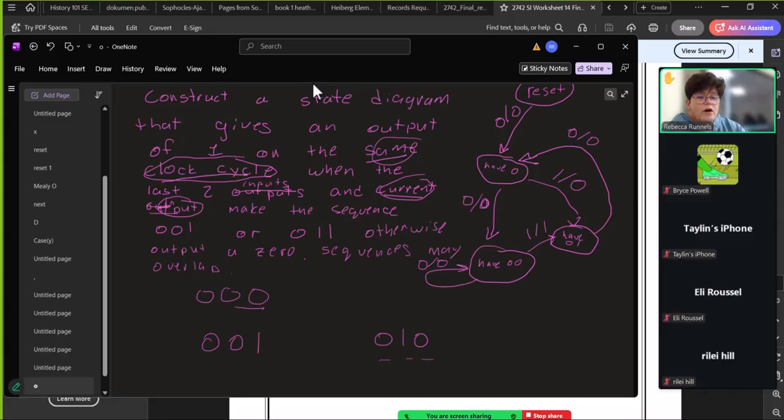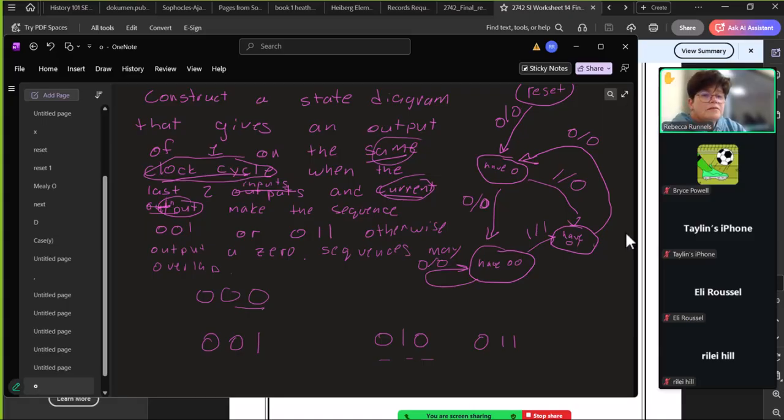If I get a 1, 0, 1, 1, do I get an output of 1? Yes, but where do I have to go back to? I go back to reset, because now I got nothing. Why can't you make another state? You don't want to make another state if you don't have to, because if I don't make another state, I'm done.